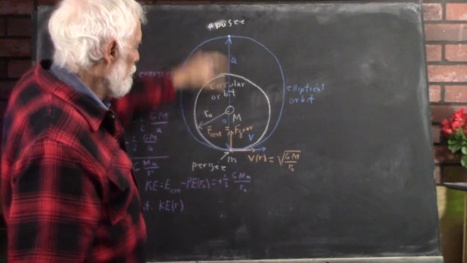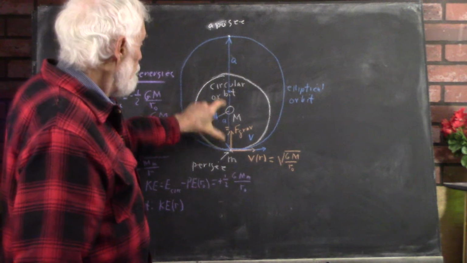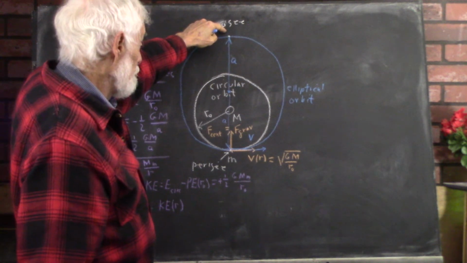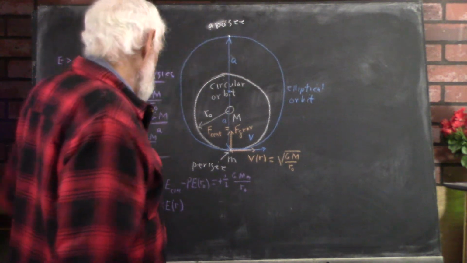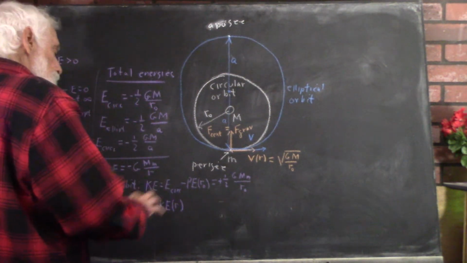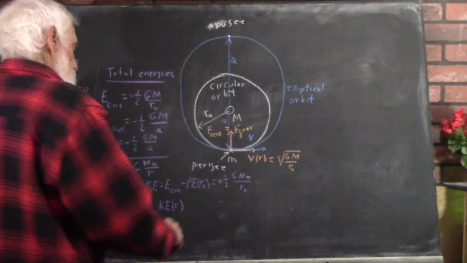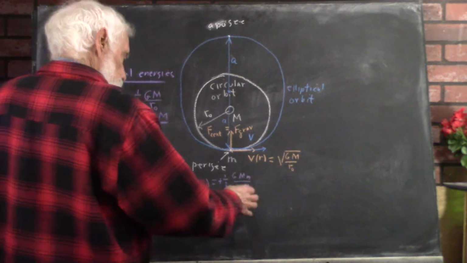This distance is 2a, this distance is R naught, so this distance is 2a minus R naught, and there you have it. But we're not interested in that. Those are the limits on the distance. And I'm going to write those down.